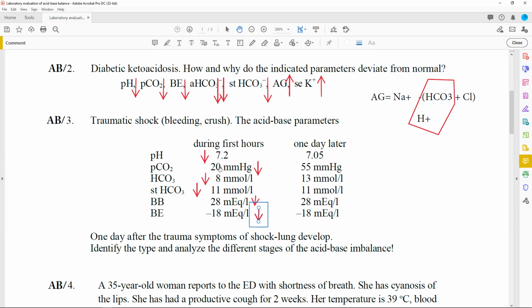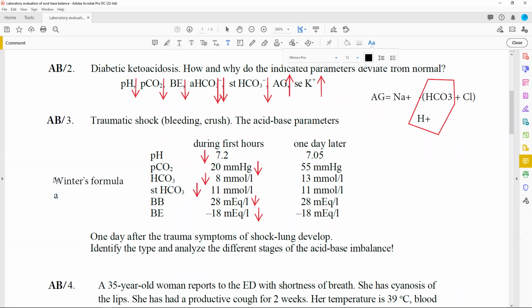How do we know if this compensation is good or not? Well, it would probably worsen. Winter's formula will tell us what should be the PCO2 value in compensation.